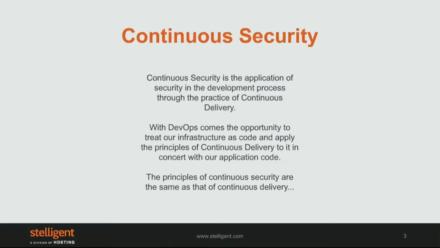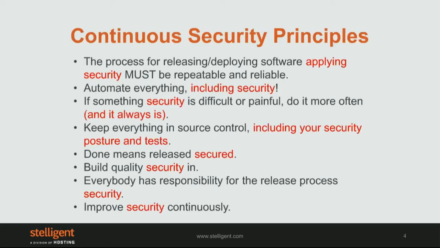With the DevOps culture that we're all moving towards nowadays, it's a perfect opportunity for us to treat our infrastructure as code, and as we're doing that, we're able to apply modern development practices such as continuous delivery to producing our infrastructure. And really, the principles or the tenets of continuous security are, in fact, the same as continuous delivery.